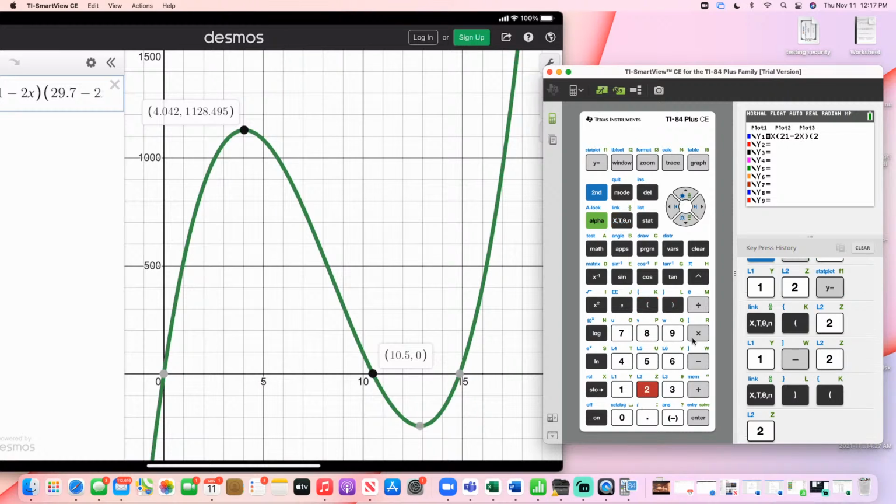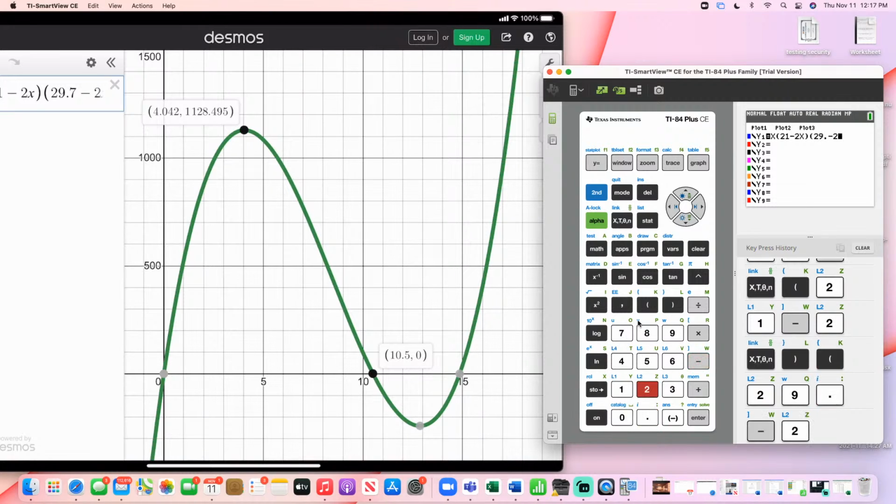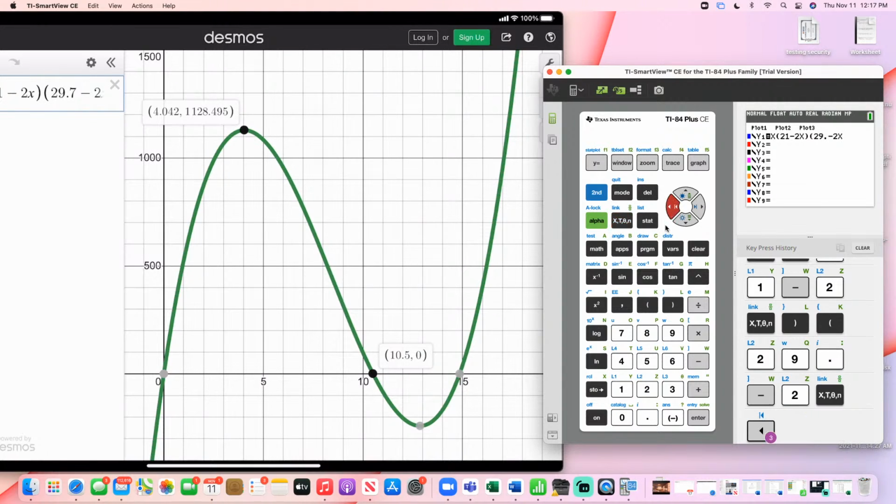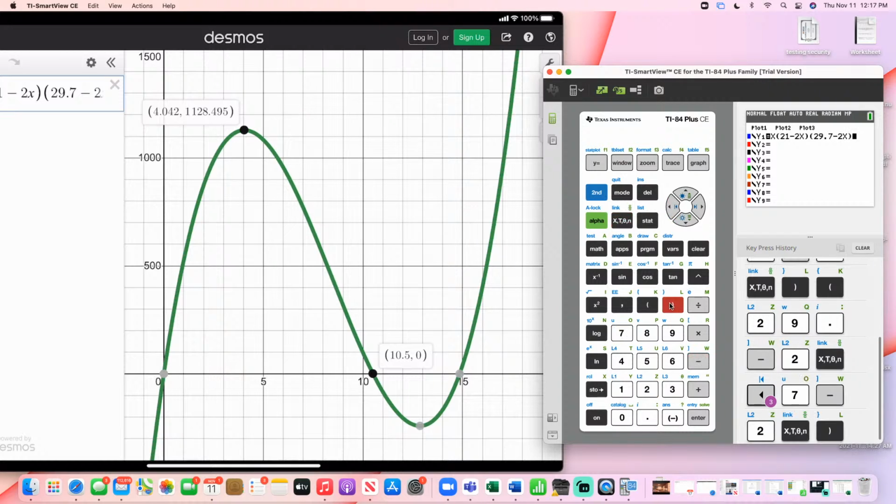And 29.7 minus 2x. Any questions so far? We good? Beautiful. And all you have to do is graph.